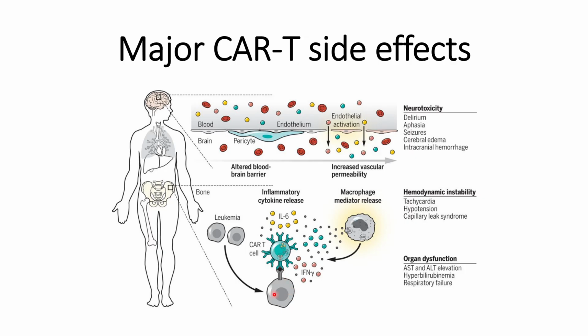Once these leukemia cells are killed, their debris will be detected by the other immune cells already present within the patient or the host, for example macrophages. These macrophages will detect the debris of the lysed leukemia, and will also release cytokines to target the remaining tumors.